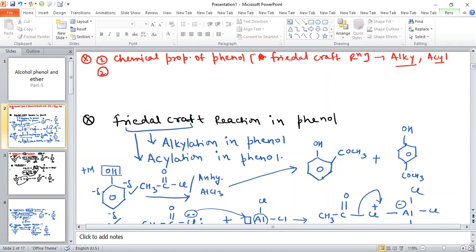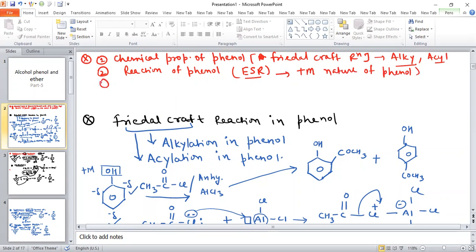Then we have discussed some more reactions of phenol. Also we have discussed the electrophilic substitution reactions of phenol, because of the plus M nature of phenol.